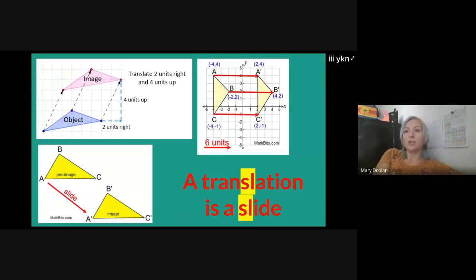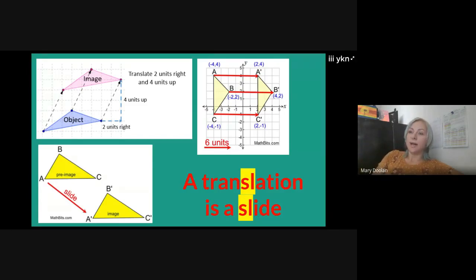The other 2 pictures are different translations. You can translate to the left, to the right, up, or down. You can do a combination of going to the right and up, like in this picture with the pink and the purple triangle. It's going to the right 2 units and then going up 4 units. So it's 2 movements in one translation.